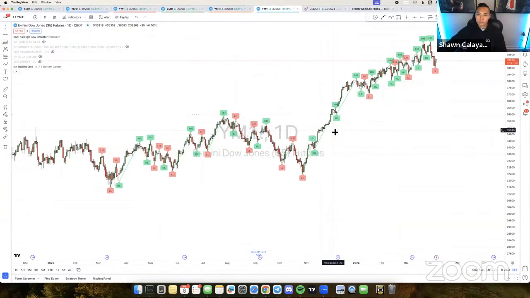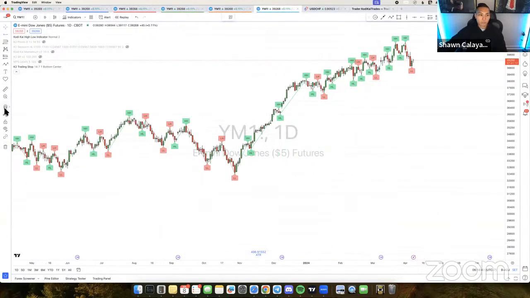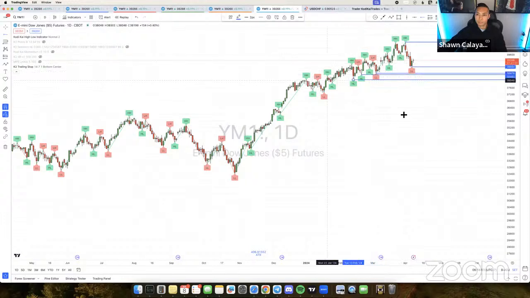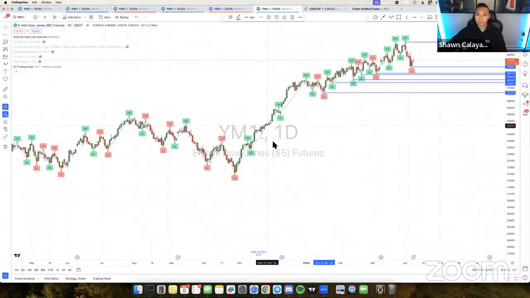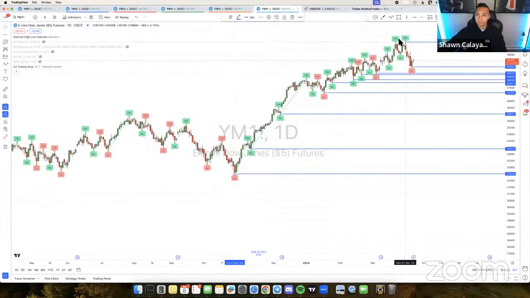All right, as people join in, I'm going to go ahead and start marking up liquidity over here on our liquidity chart. Start off with the daily time frame. Going down to the 8-hour.